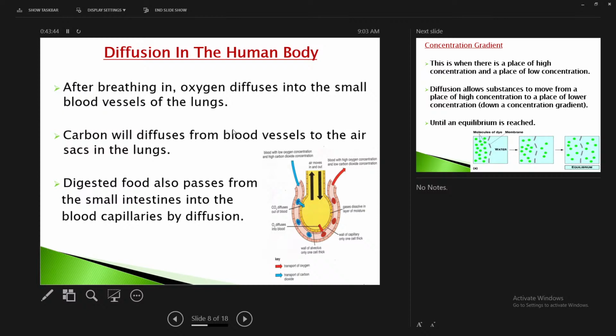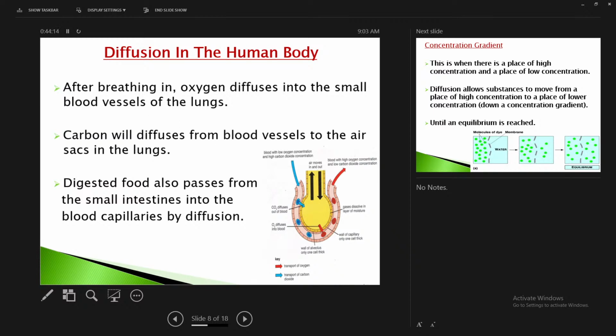All right, so I'm moving on in terms of heading. Diffusion in the human body. Right now we'll be looking at some examples of this process of diffusion taking place inside of the human body. After breathing in, let's say for example you're sitting and you take a deep breath.